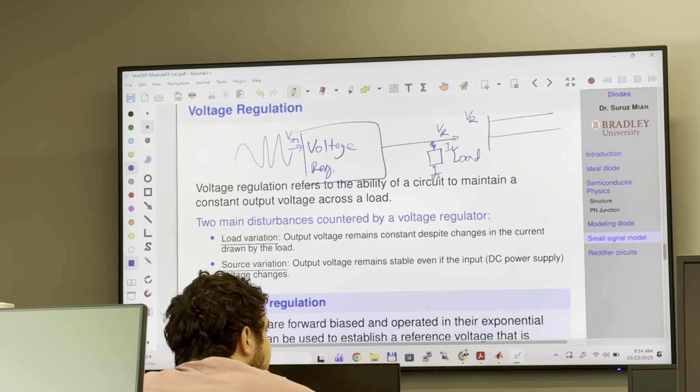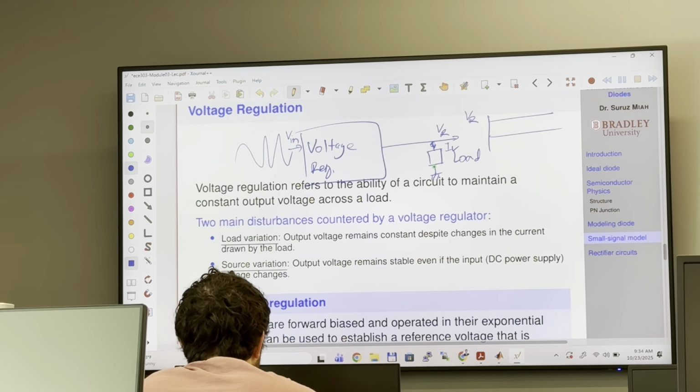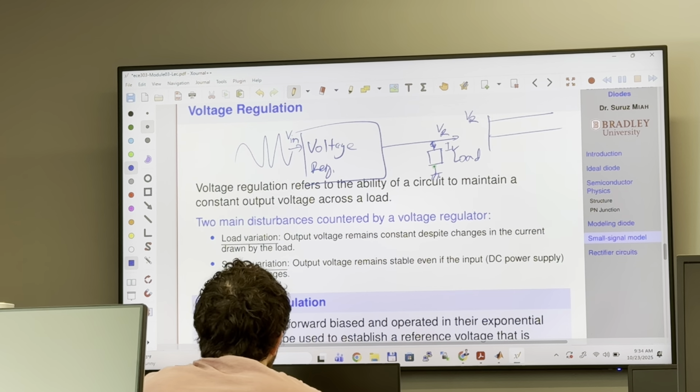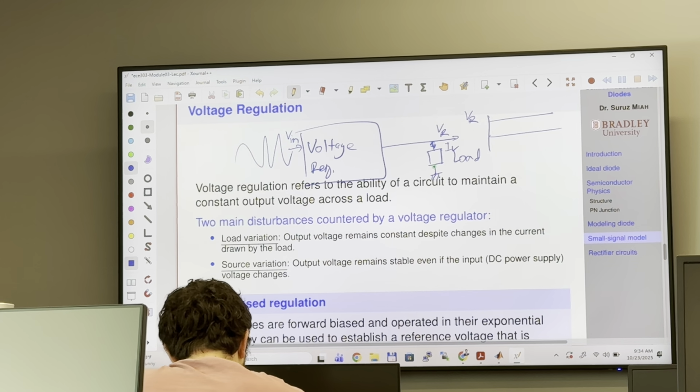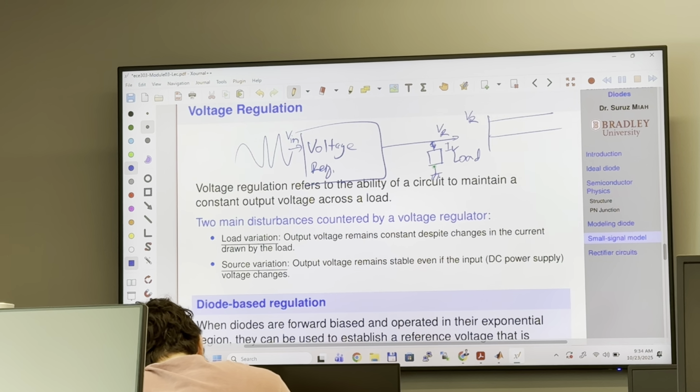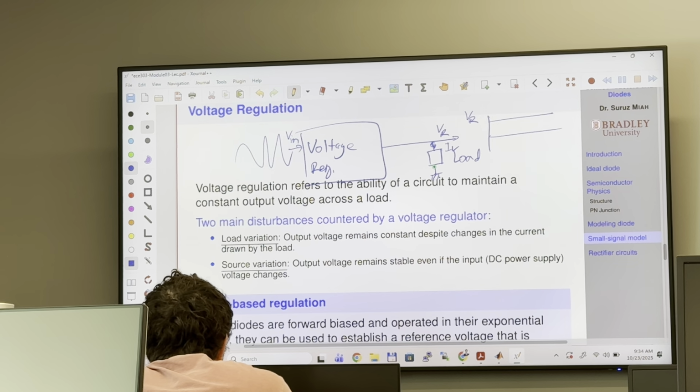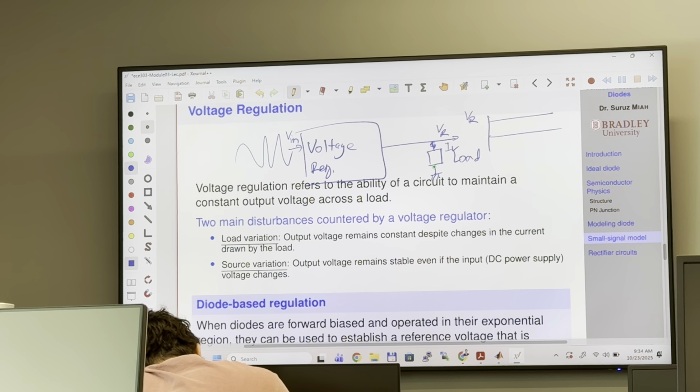Regardless of the amount of current that the load draws, no matter what, the output voltage is going to be constant. So these are two types of disturbances countered by a voltage regulator. The load can vary, output voltage is going to be constant. The source can vary, but still the output voltage is going to be constant.